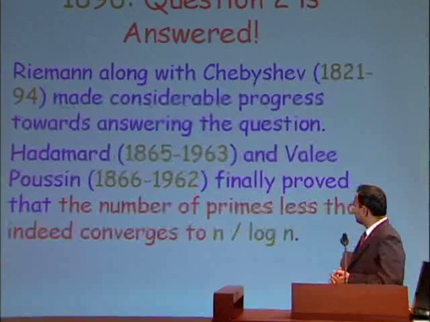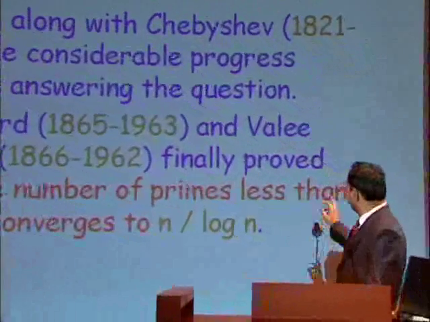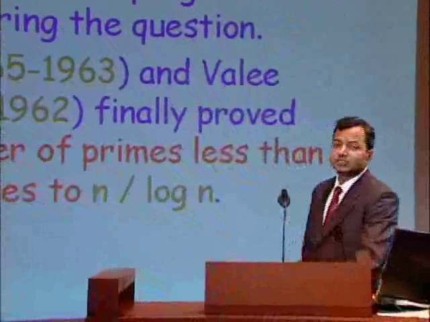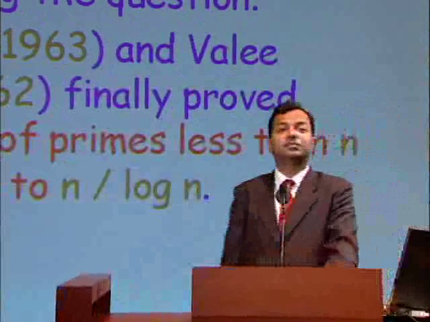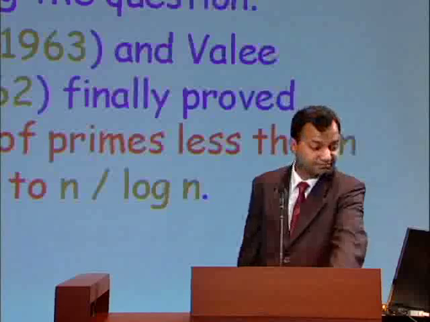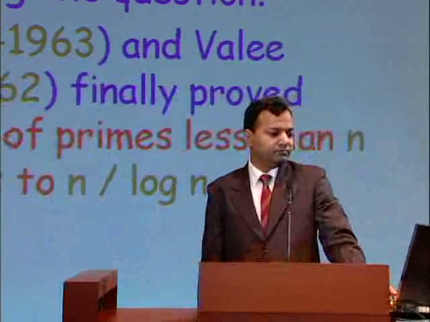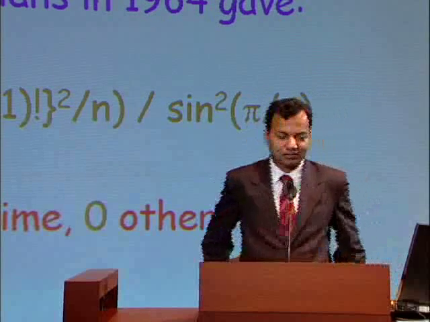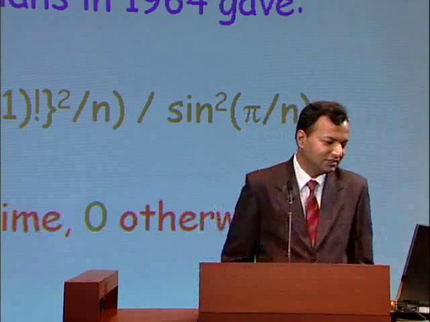Hadamard and de la Vallée-Poussin, I'm not sure about the pronunciation, independently proved that the number of primes less than n converges to n over log n, which was conjectured by Gauss and Legendre. So we have answered question 2 as well, but it took a long time. It took about 2000 years to answer that.